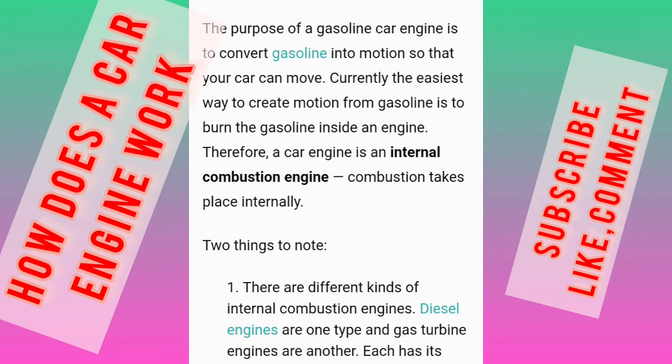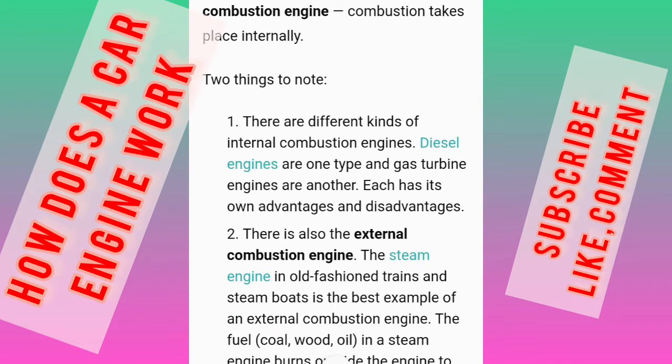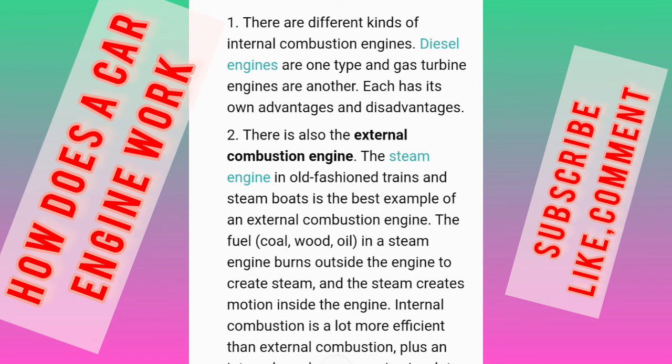Two things to note. Number one, there are different kinds of internal combustion engines. Diesel engines are one type and gas turbine engines are another. Each has its own advantages and disadvantages. Number two, there is also the external combustion engine. The steam engine in old-fashioned trains and steamboats is the best example of an external combustion engine.